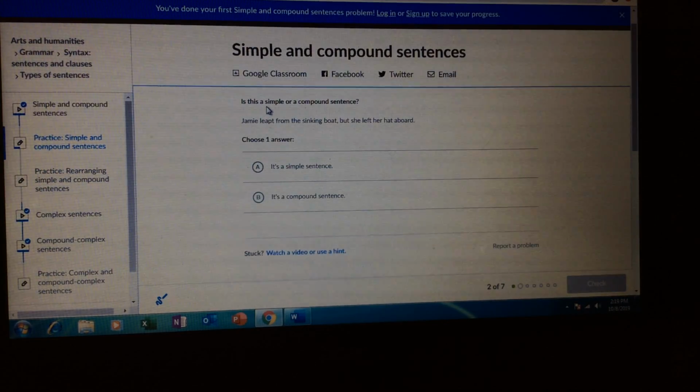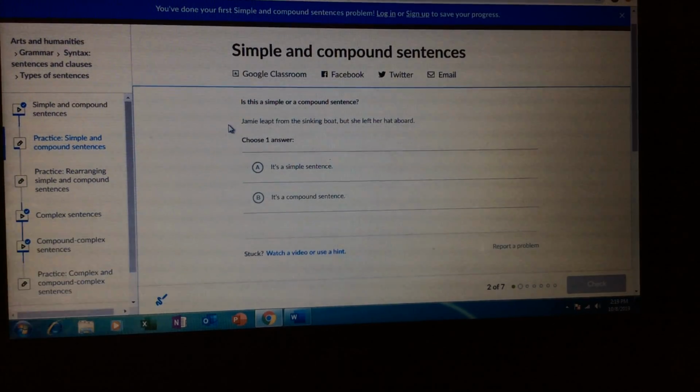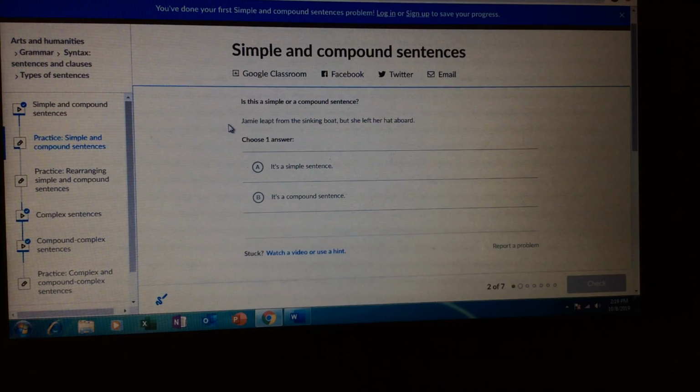Is this a simple or compound sentence? Jamie leapt from the sinking boat, but she left her hat aboard. Is it simple or is it a compound sentence?